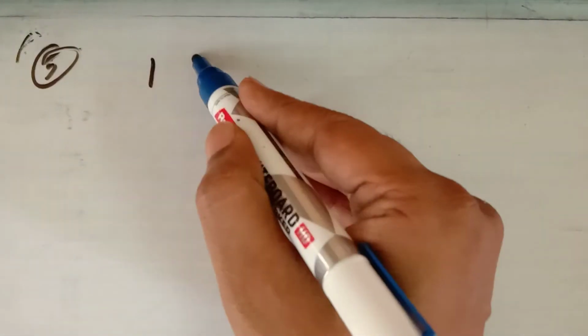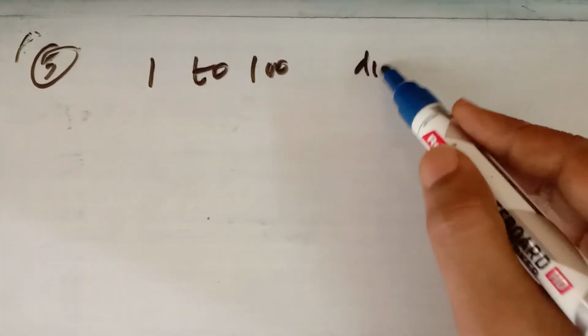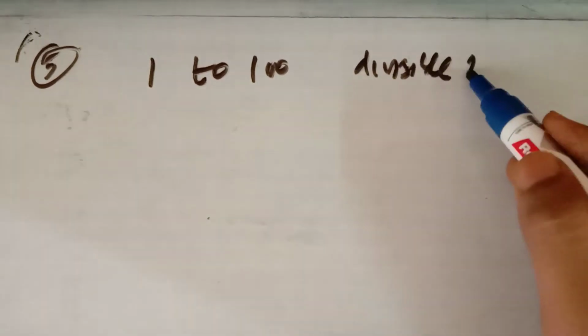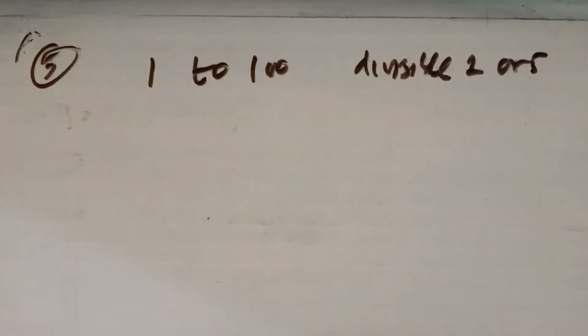Question number 5. Now read it. Find the sum of integers from 1 to 100 which are divisible by 2 or 5. We have to find the sum of numbers from 1 to 100 which are divisible by either 2 or 5. So be very careful.